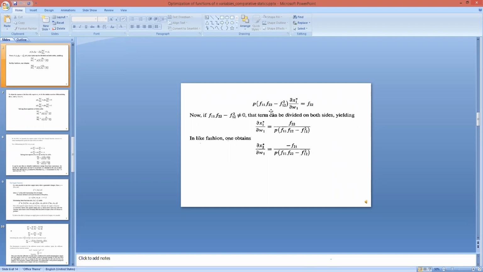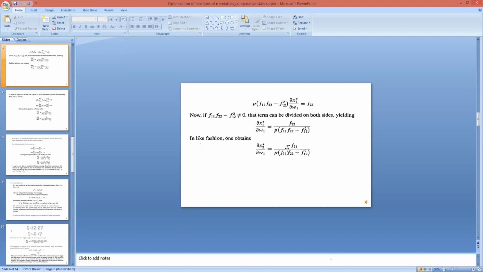P into F11 F22 minus F12 squared del x1 star by del w1 is equal to F22. Finally, you can write del x1 star by del w1 is equal to F22 by P F11 F22 minus F12 squared.